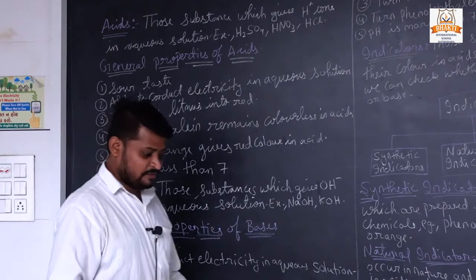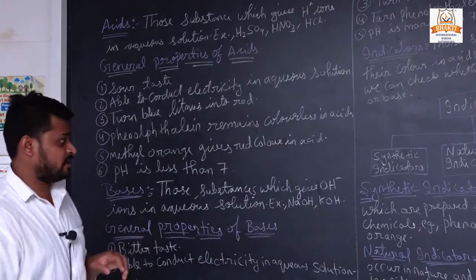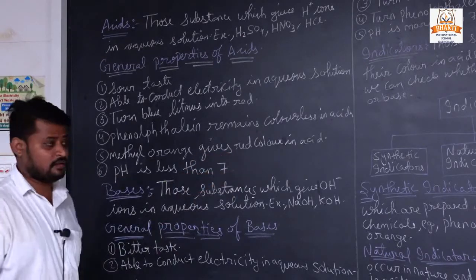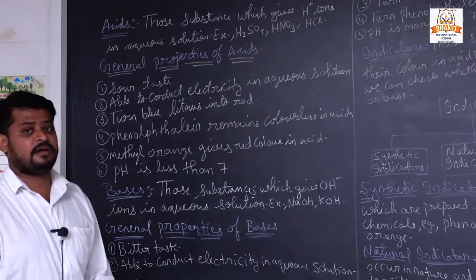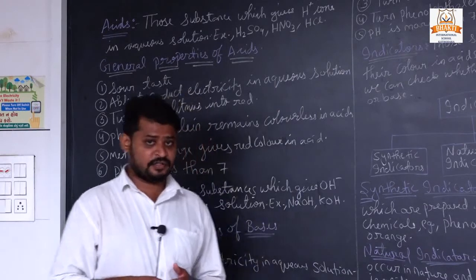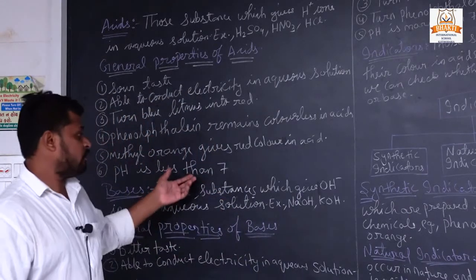When we add methyl orange to an acidic solution, it changes its color and gives red. The pH is less than 7. All solutions have a pH value, which relates to the concentration of hydrogen. For acids it is less than 7.